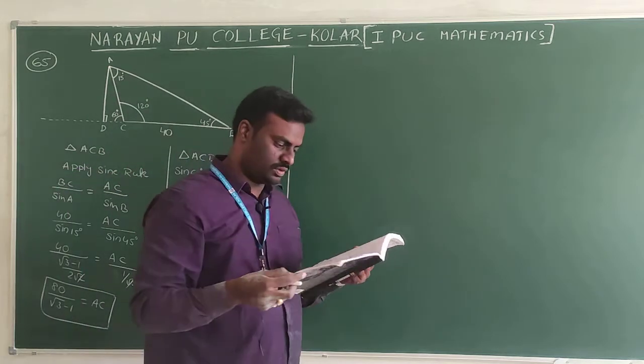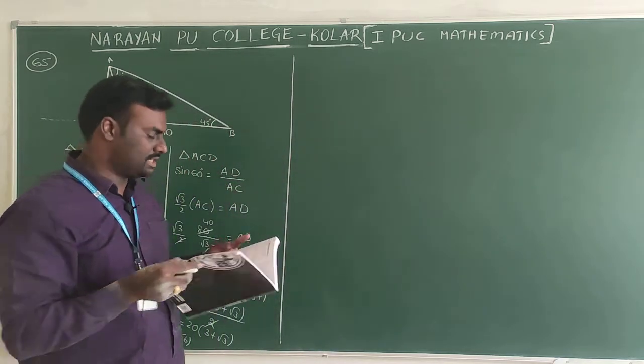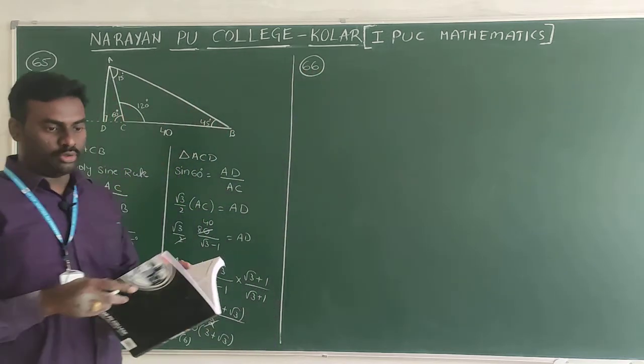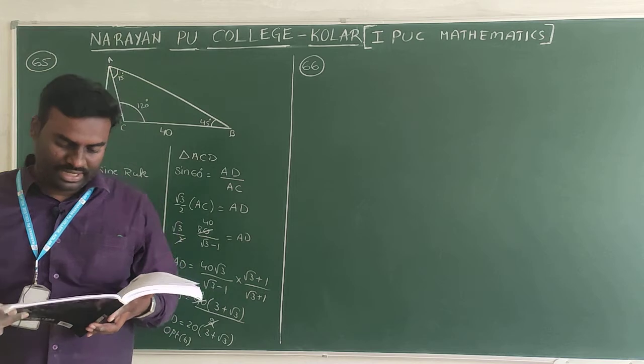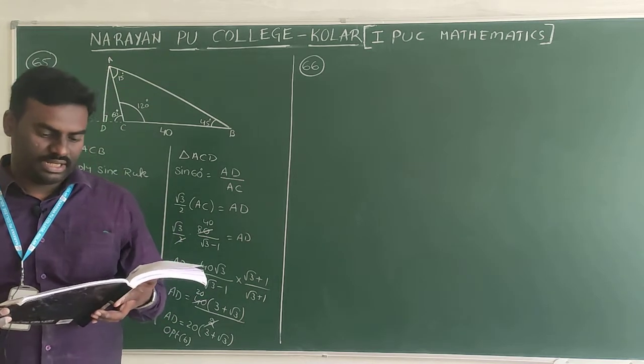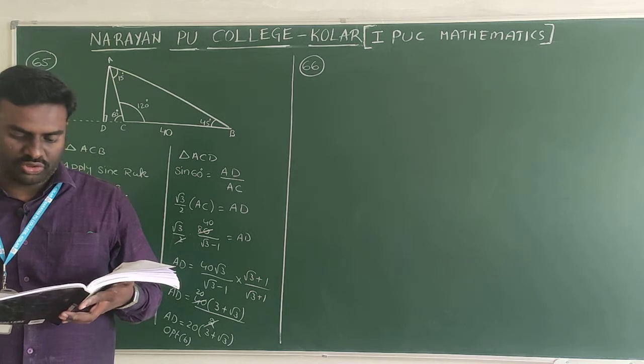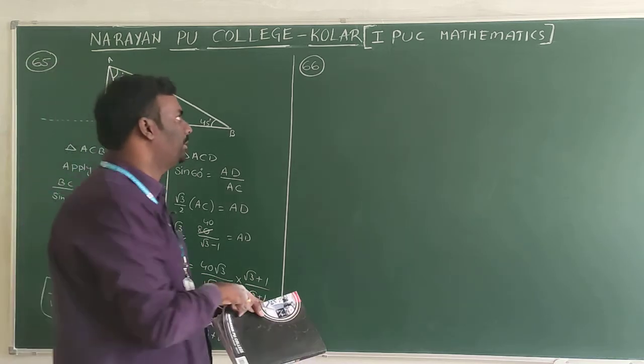Next, question number 66. In question number 66, if the median AD of a triangle ABC divides the angle BAC in the ratio 1:2. Okay.